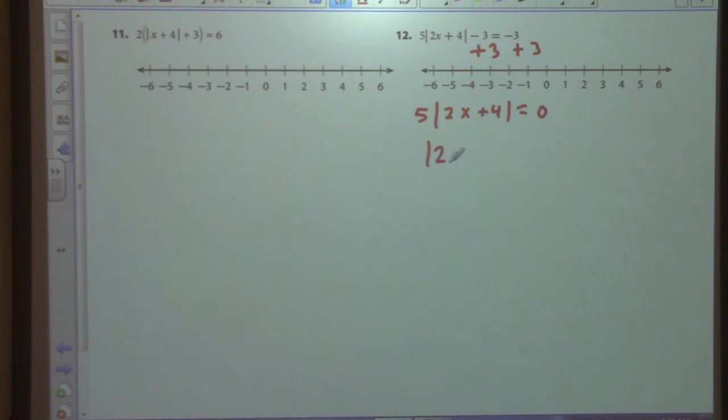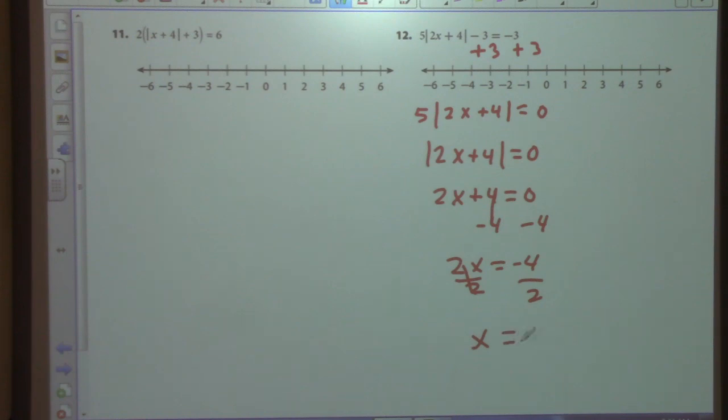So we can rewrite this as absolute value of 2x plus 4 is equal to 0. And then, because we have a 0 there, we just have one equation to work with, right? 2x plus 4 equals 0, and subtract 4, we get 2x is equal to negative 4, and then x is equal to negative 2.